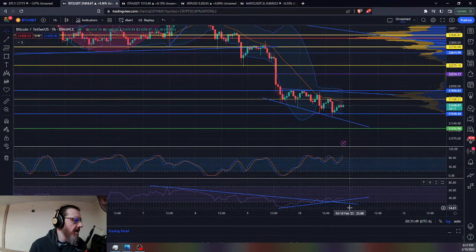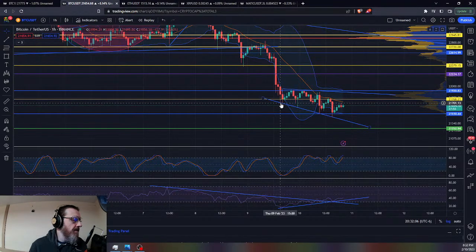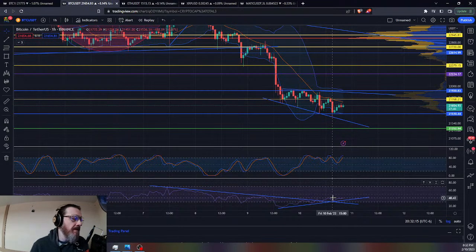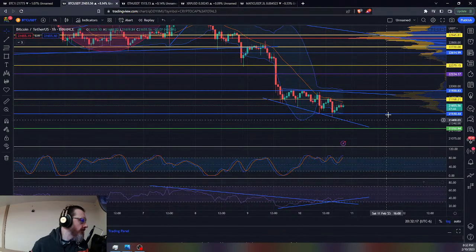This downtrending line from the dip that we had, and then this hidden bullish divergence here, where you see swing down to swing down on the RSI with this low point here and a higher point here, and swing down to swing down on the price action with a higher corresponding point in the price action and then a lower corresponding point in the price action to a higher corresponding point in the RSI.